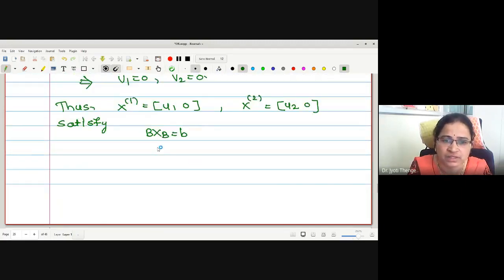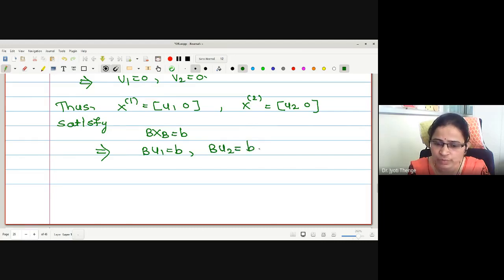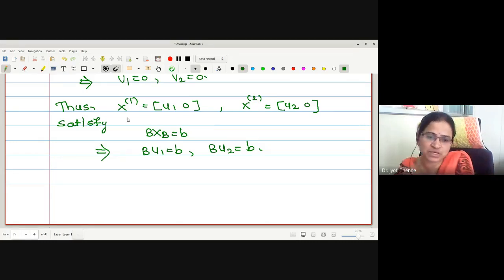Therefore, if I put the value of x1, what will happen? B u1 is equal to b, and B u2 is equal to b. Is everyone getting me? Ax equal to b gives me Bxb is equal to b.